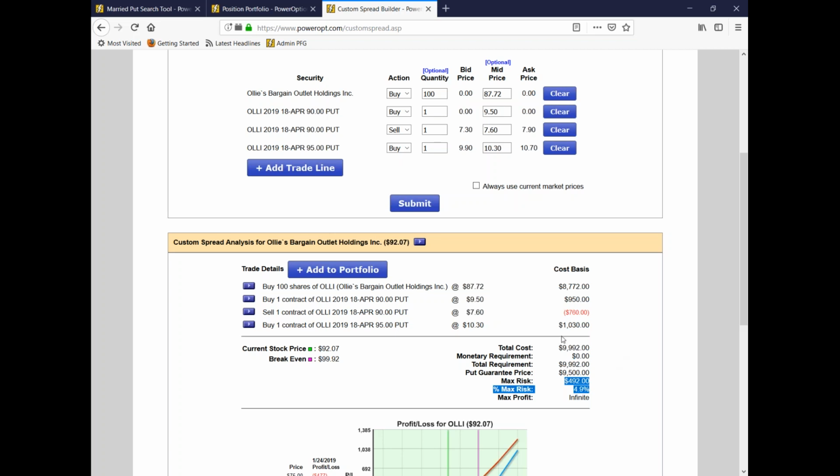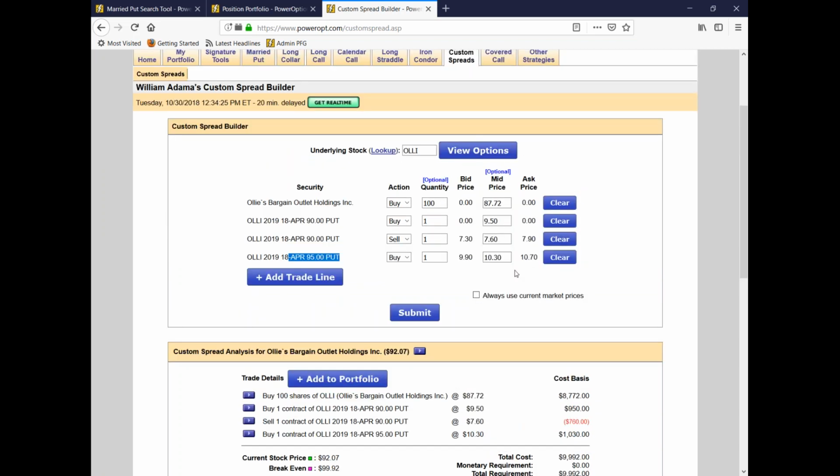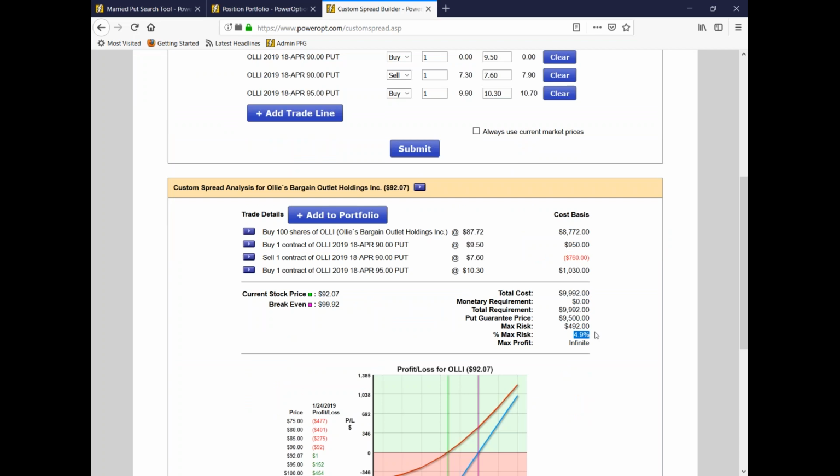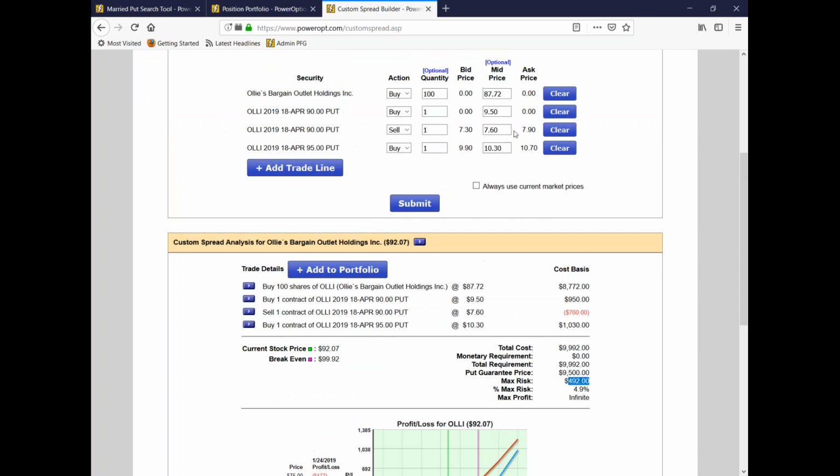Just showing you an example of 3 of the income methods. But again, when and why would you do this? That's discussed in the SIGA model for each income method in the blueprint. By the way, just because I moved up this put doesn't mean I can't do something else. Where are we now? Well, I've rolled up my put. I've got a new risk of 4.9% of 492, which we would have had roughly with the 95 put from the beginning.